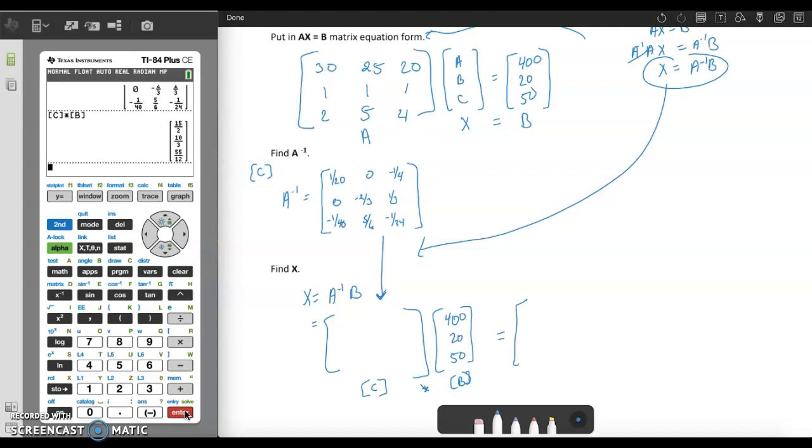And it looks like the answers as fractions are 15/2, 10/3, and 55/12. It might be nice in this case to actually see those as decimals because it would be very strange. Remember, these are the answers for how many milligrams of foods A, B, and C. So if you go tell someone 15/2 grams, that doesn't make a lot of sense.